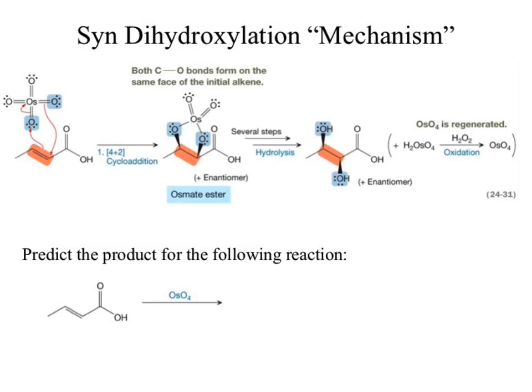No. If you see OsO4, what do we get? Alcohols, we can do better than that. How many alcohols? 2 alcohols, known as a diol. Okay? 2 alcohols.